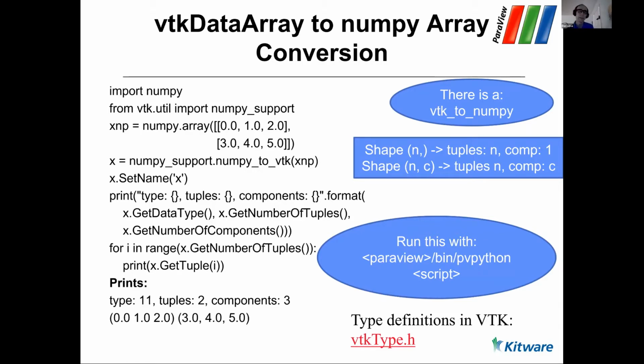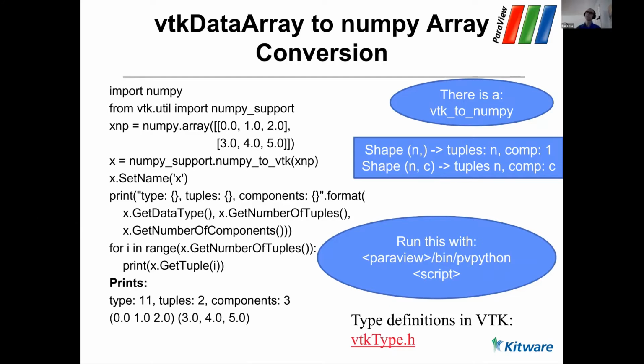The only thing you have to be aware of is that for one-dimensional arrays, the order doesn't matter. We're going to mention this later on. For multi-dimensional arrays, it does matter. The issue is VTK stores multi-dimensional arrays in Fortran order.